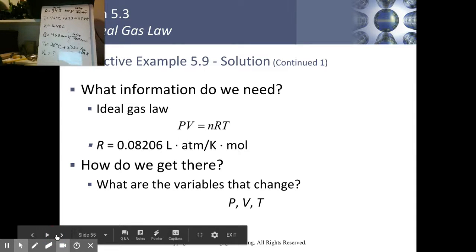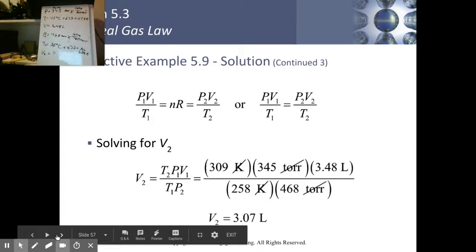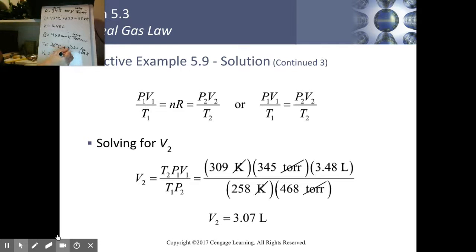They want us to use the ideal gas law, but I think we all know it's going to turn into the combined gas law. And as you plug in everything, our volume is 3.07 liters. Once you plug in your T2, your P1, your V1, your T1, and your P2.